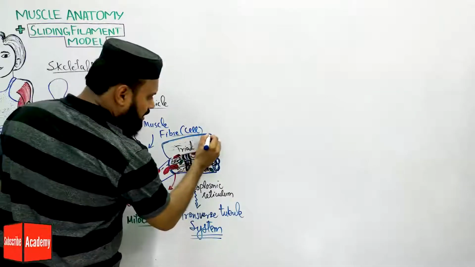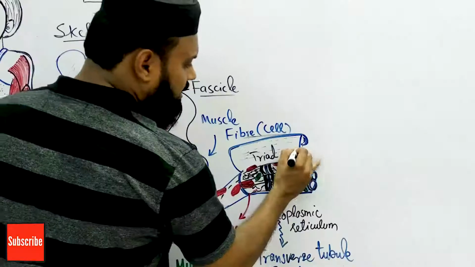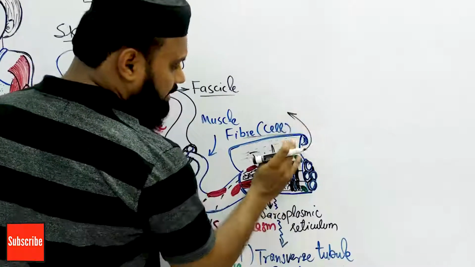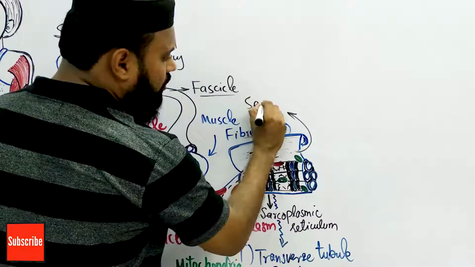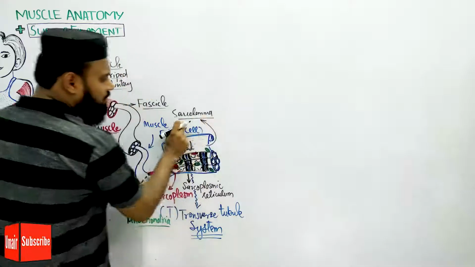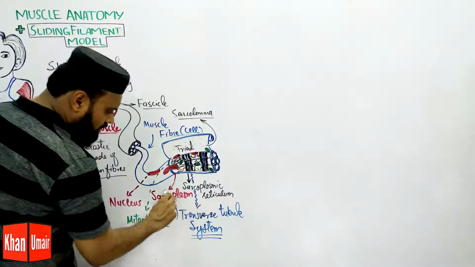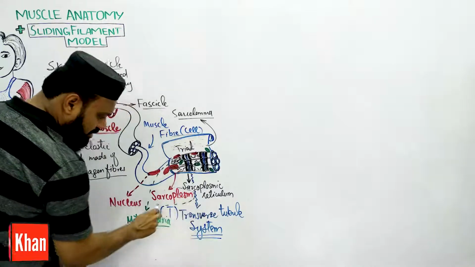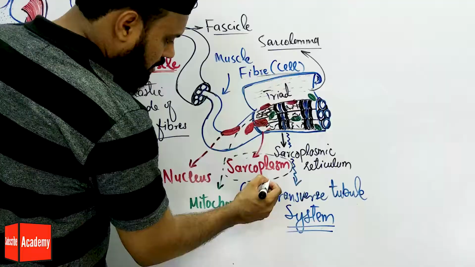Some information which is worth knowing is that, as I have already told you, this is a membrane, and the membrane is called sarcolemma. Again, the word sarco is used, as here is a sarcoplasm. Do you know the sarcoplasm is somewhat different from the simple cytoplasm? Why?